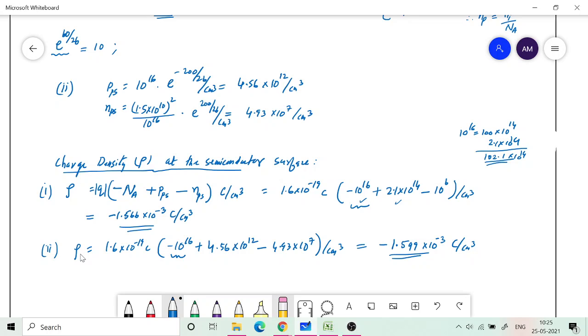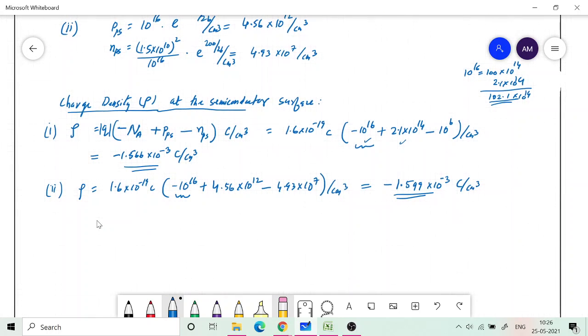Okay, so whenever we have the charge density determined by the acceptor impurity ions, not the electrons and holes in the region, that is what we call the depletion mode. Okay, so this is going to be very true in the depletion mode.